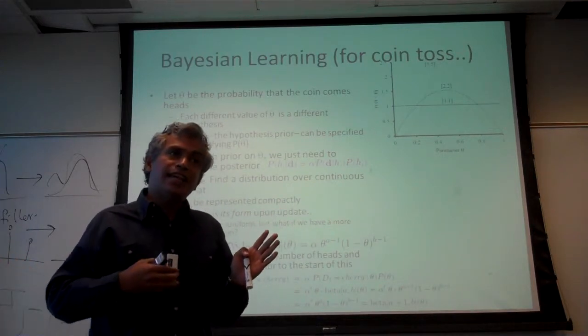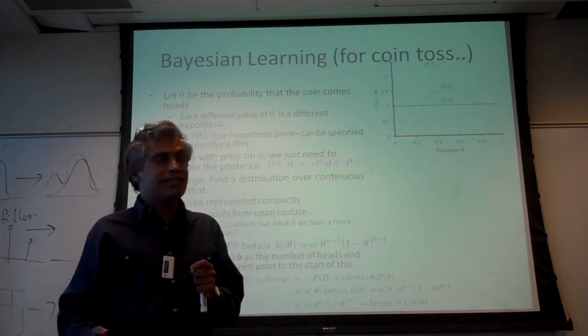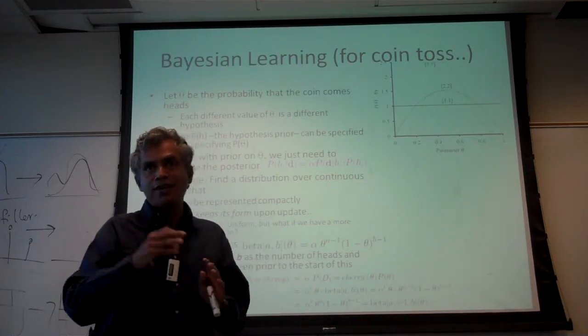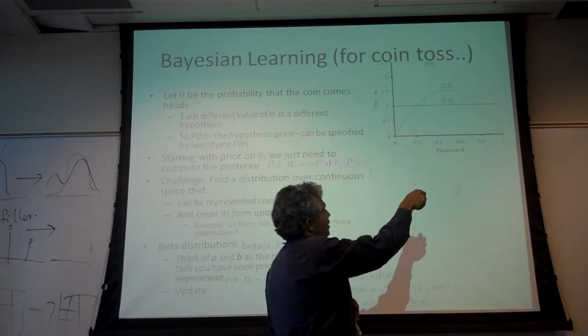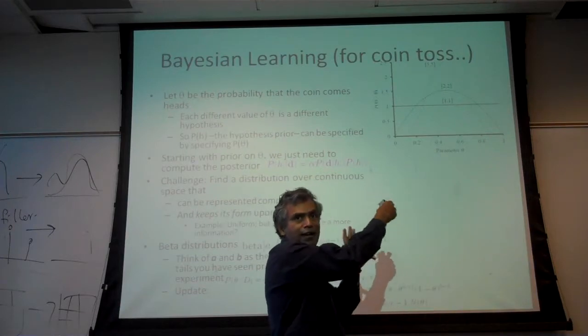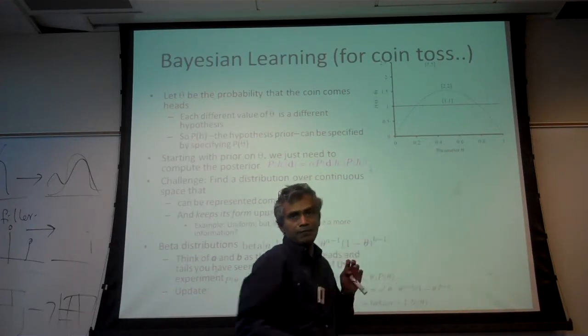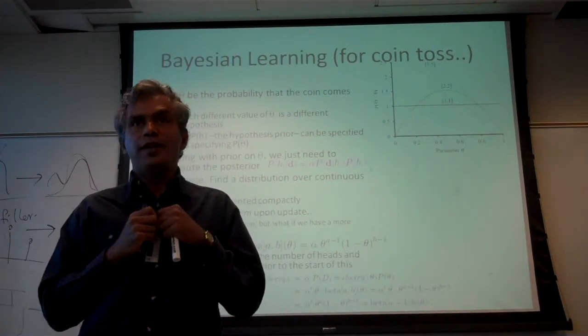But after, let's say, you looked at a million coin tosses and got 500,000 heads and 500,000 tails, you would start winding up with a beta distribution. I'm jumping ahead, but essentially the posterior will also be a beta distribution, and it will be more peaked. If you increase A and B values, the distribution becomes more peaked.